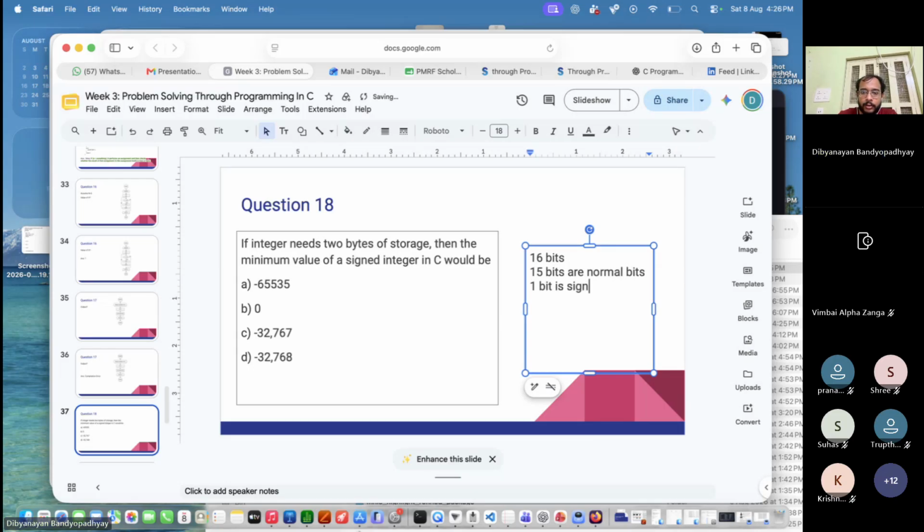Okay, in signed integer calculation, we have 15 bits to understand the digit. So it will be moving from minus 2 to the power 15 to 2 to the power 15.